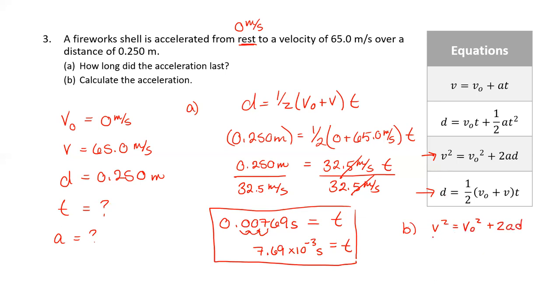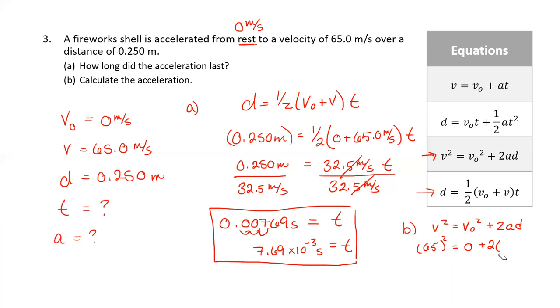Put all of our information in. This could get a little bit tight. So velocity squared is 65. I'm going to leave the units out just to make a little less space. Equals 0 squared is just 0 plus 2 times the acceleration. Let me erase here.